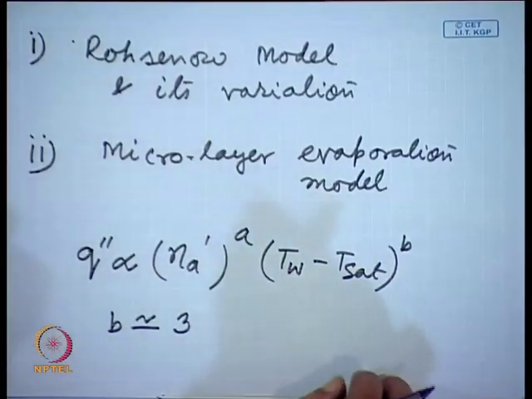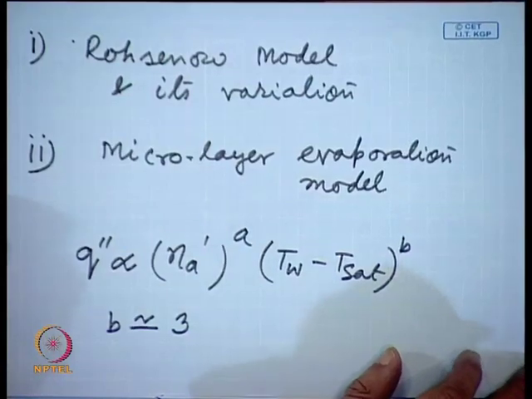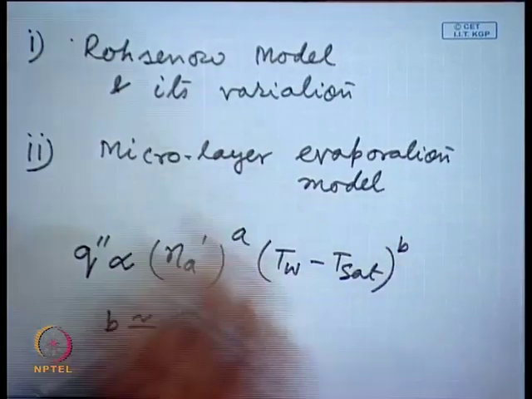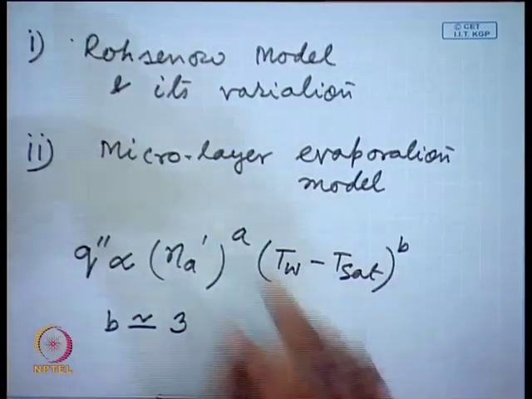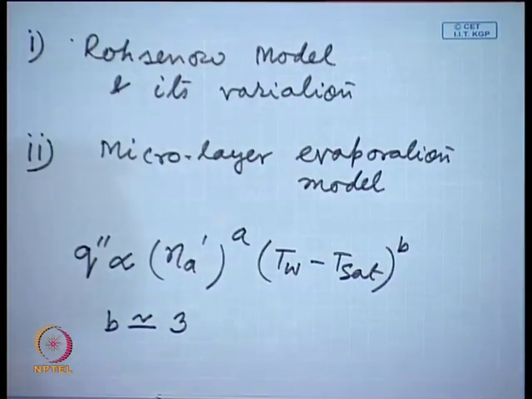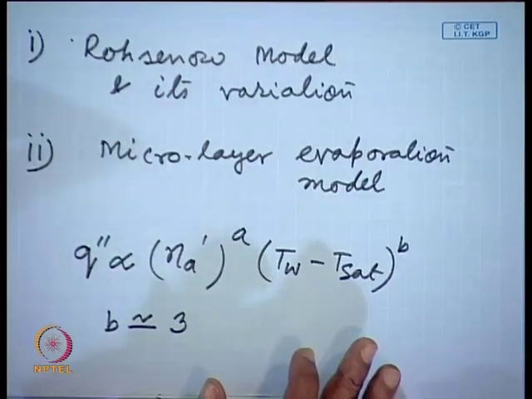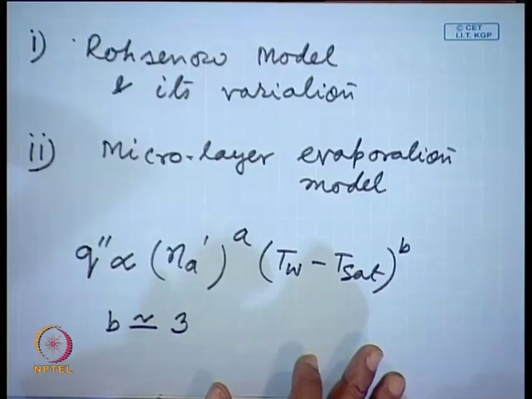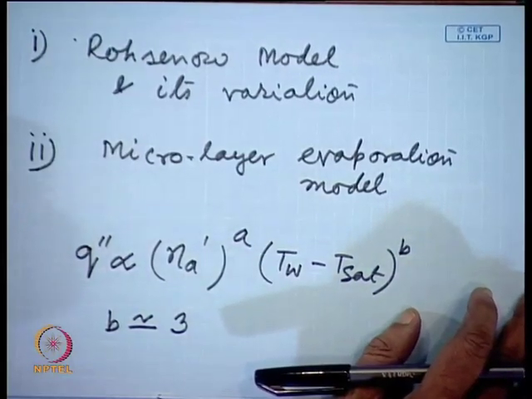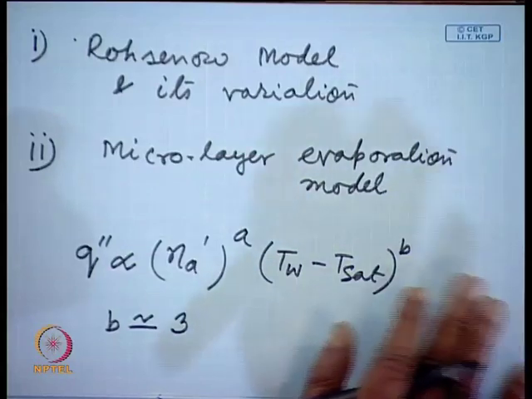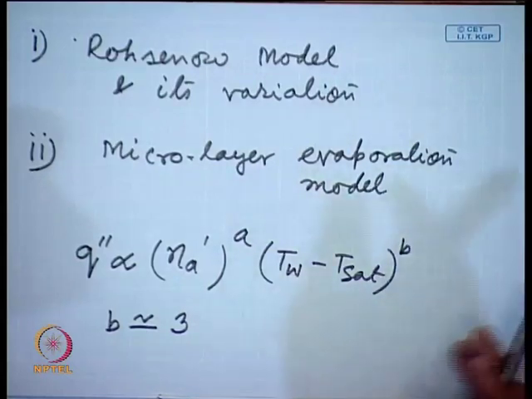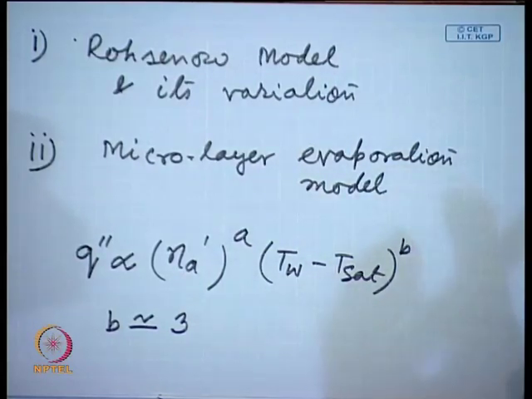What can we say, the final message which I would like you to take is that boiling heat transfer is such a complex phenomenon that none of the models which have been developed so far are very suitable. If known fluid and known surface conditions are there, then it is better to apply the Rosenhow model. If you can give more time for the calculation etc., then the microlayer evaporation model is also good.